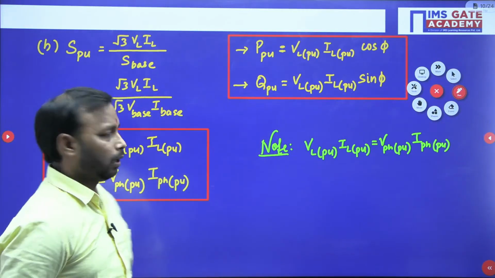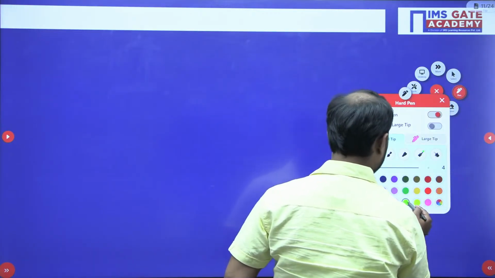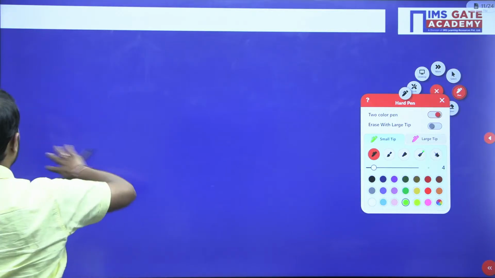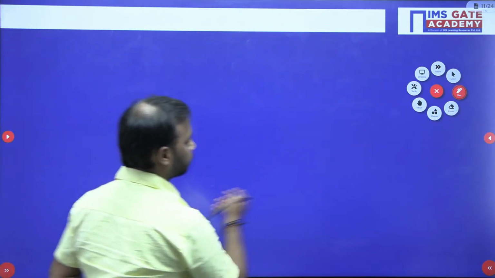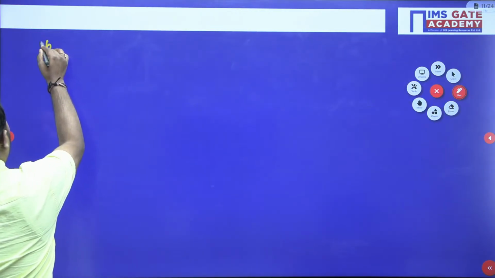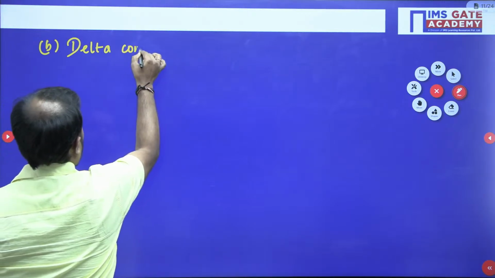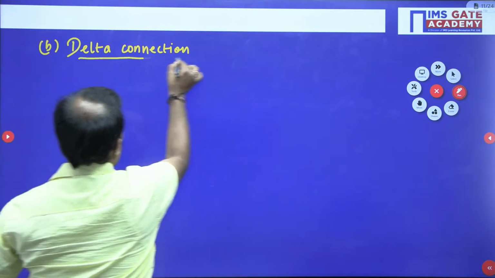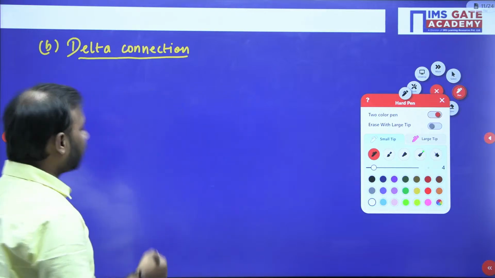Done? Now let us move to the next part, the next connection. This is A, okay? Then B, delta connection. Now in the delta connection, what do we know?